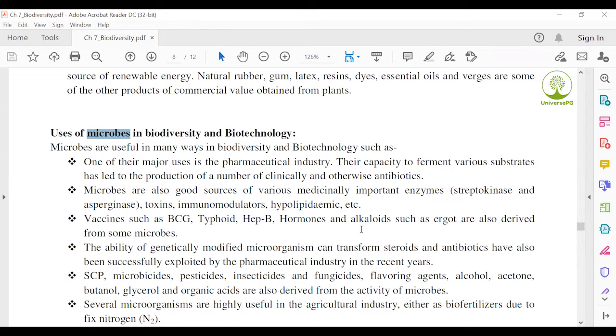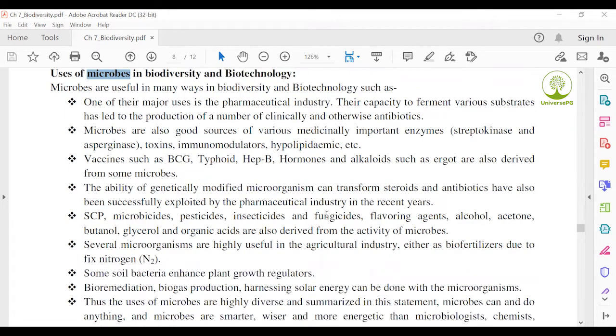Primary alkaloids, secondary alkaloids are generally derived from plants. Various medicinally important enzymes, streptokinase, asparaginase, toxins, immunomodulators, hypolipidemic. This type of product generally originates from microorganisms.